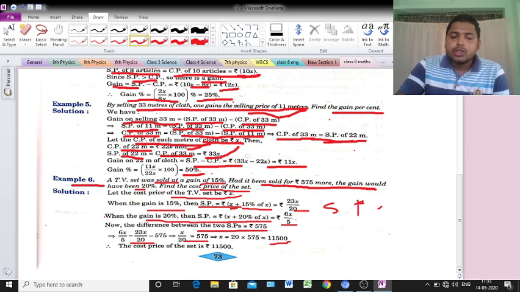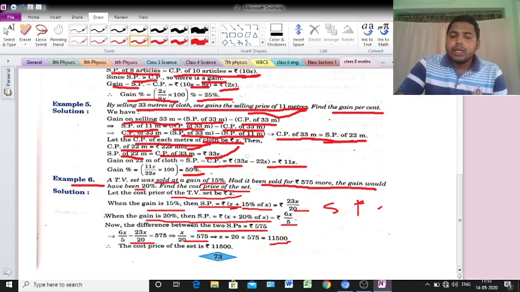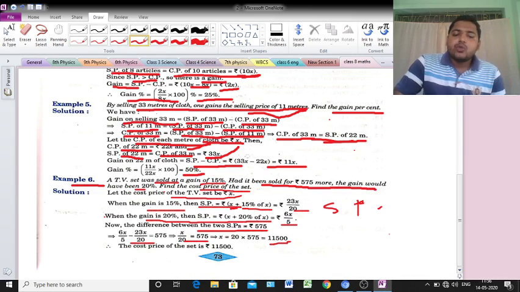So understood? I hope you understood. This type of calculation you should do in your copy, and not only the calculation, the examples also you should do in your practice sheet. From the examples you can do the exercise problems also.